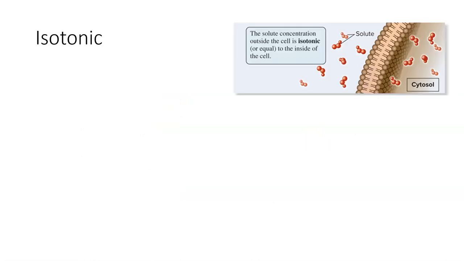All right, so let's look at the first type of environment. This is going to introduce you to a term called tonicity. Tonicity is the makeup of H2O, how that solution looks as it relates to the concentration of solute in the solution, and also the concentration of solute in the cell.